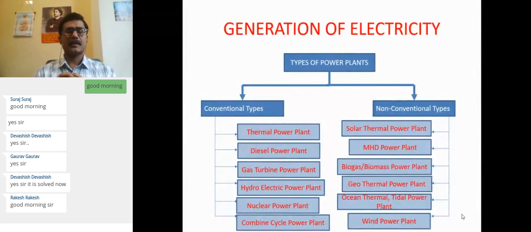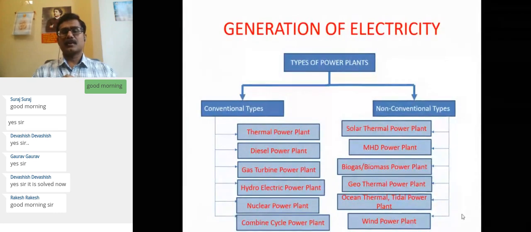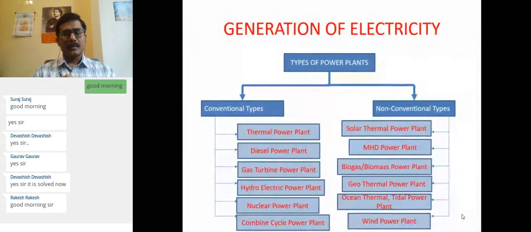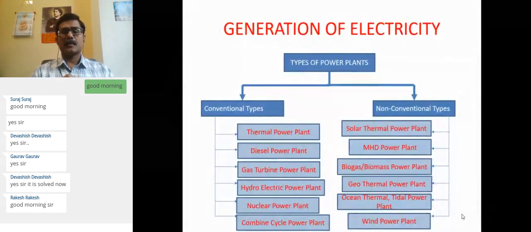So nothing but the Brayton cycle or the Joule cycle that is used for the operation of the gas turbine power plant. So whenever we say these three types of power plant, you must be aware of which thermodynamic cycle is used for its operation. Thermal power plant uses the Rankine cycle, diesel power plant, the name itself highlights it uses the diesel cycle, gas turbine power plant uses the Brayton or the Joule cycle.